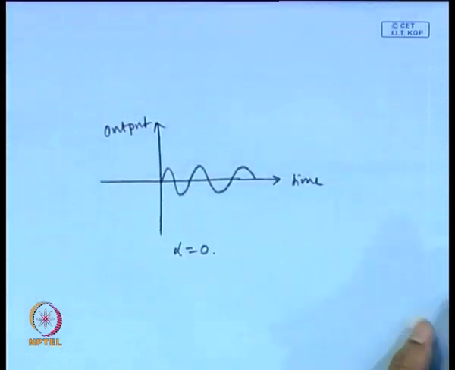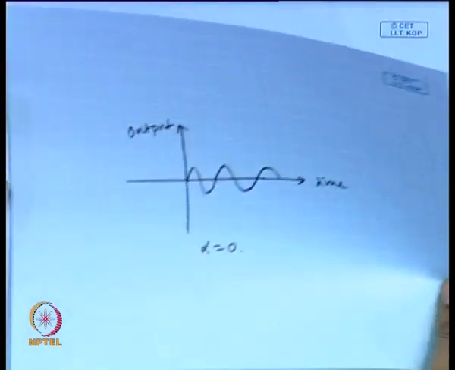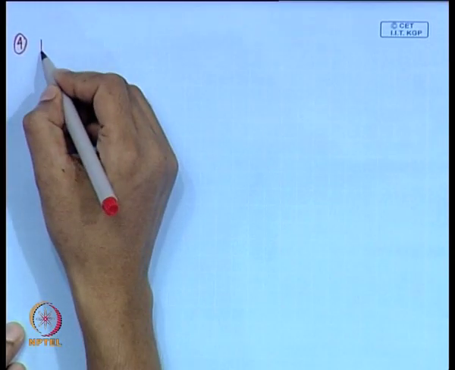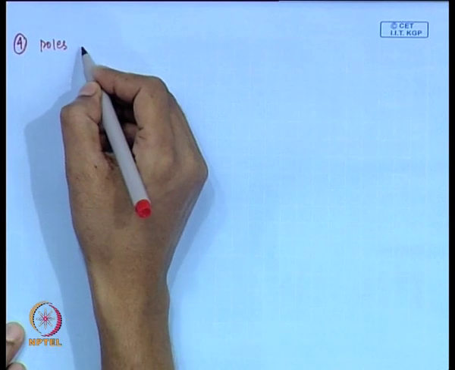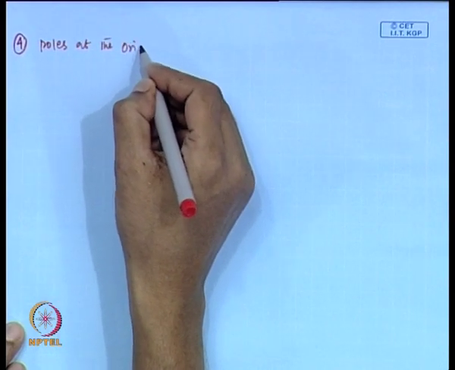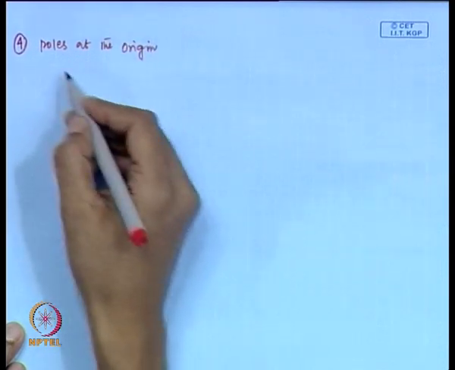In the fourth case, we will consider the pole is at the origin. So, in the fourth case, we will consider poles at the origin.